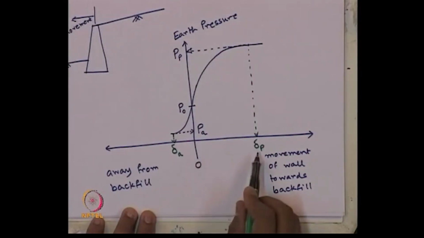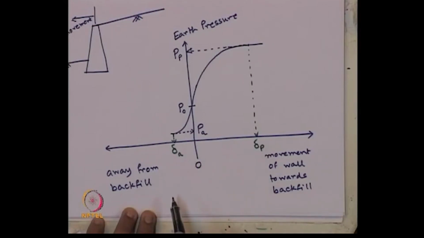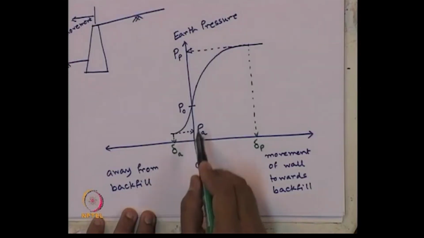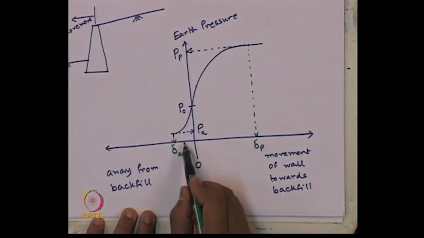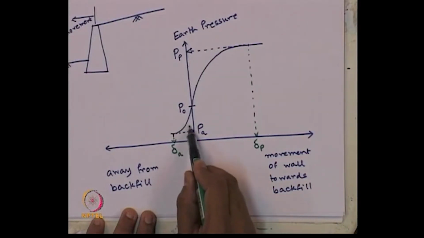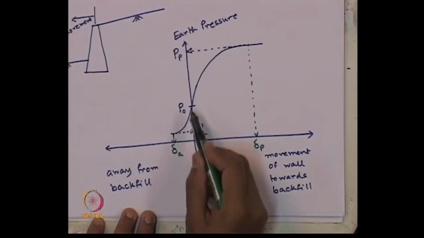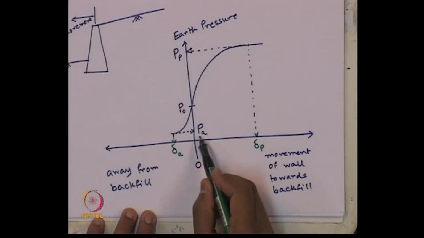If the wall does not move this minimum amount, what will happen? The earth pressure is going to generate as partial, not full active or full passive. Suppose it moves up to this, obviously we will get this much earth pressure, which is in between earth pressure at rest and earth pressure at active condition.